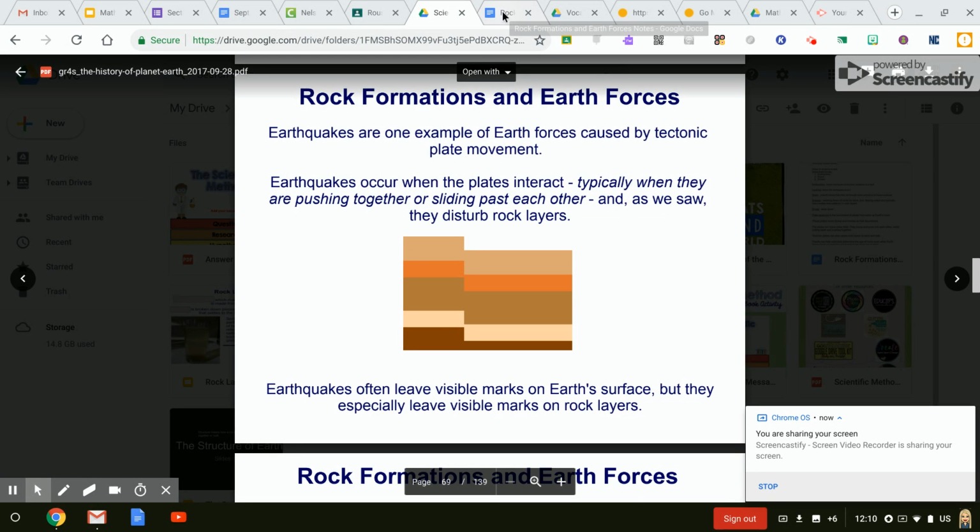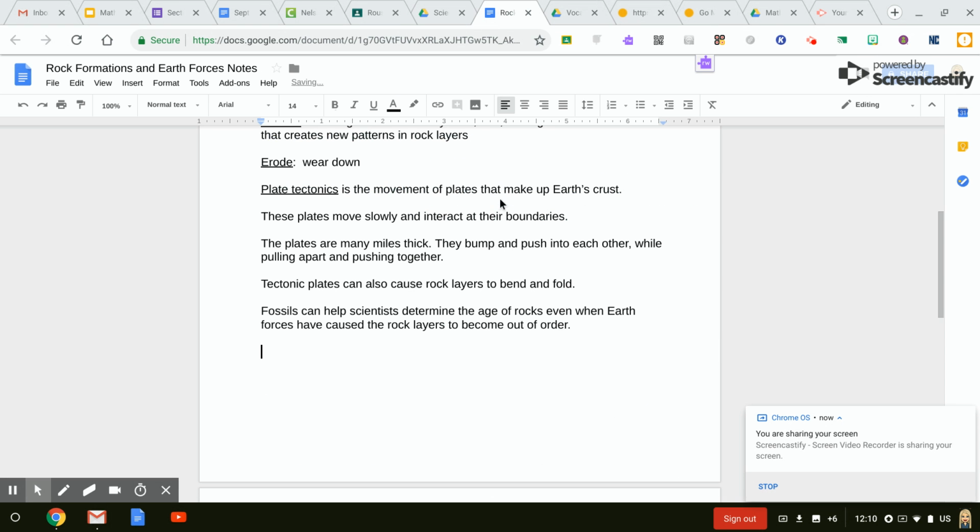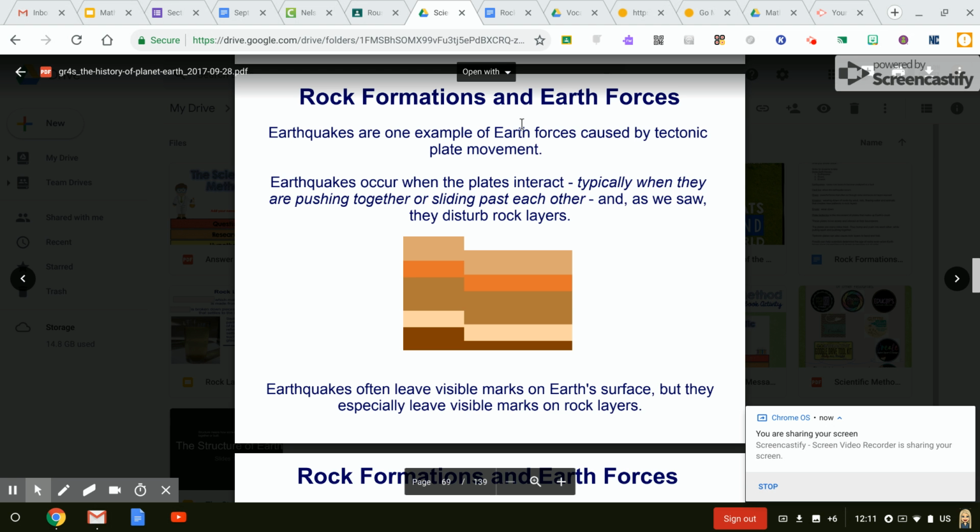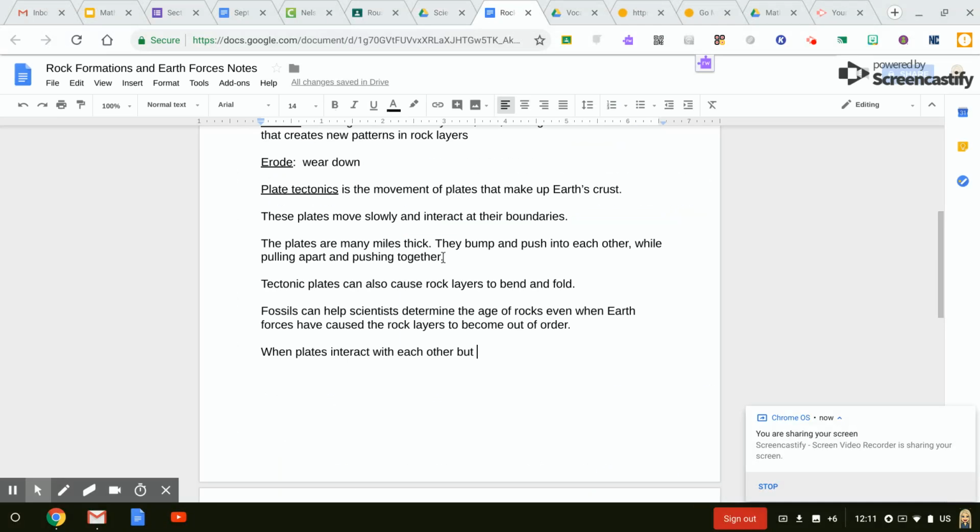So when those plates interact with each other by pushing together or sliding past each other, earthquakes can occur.